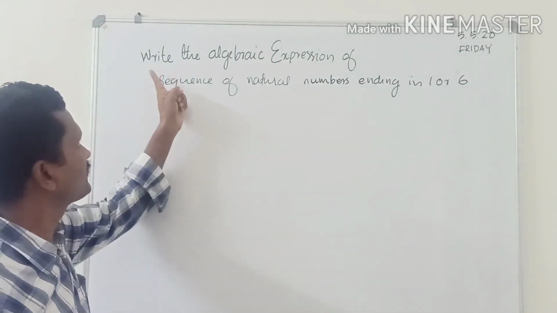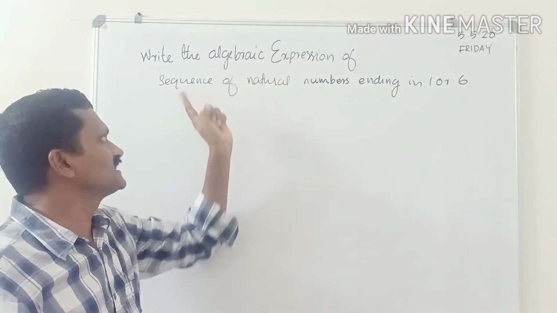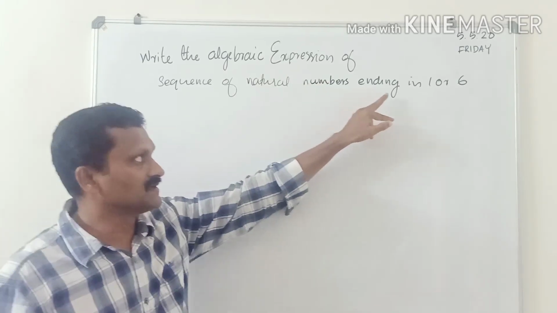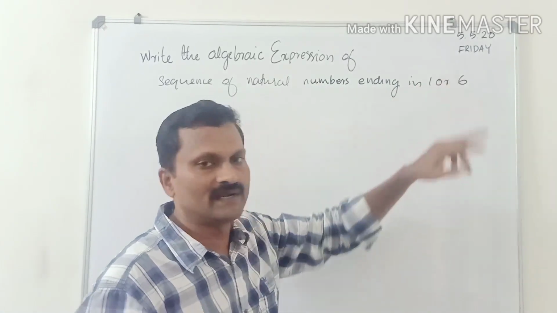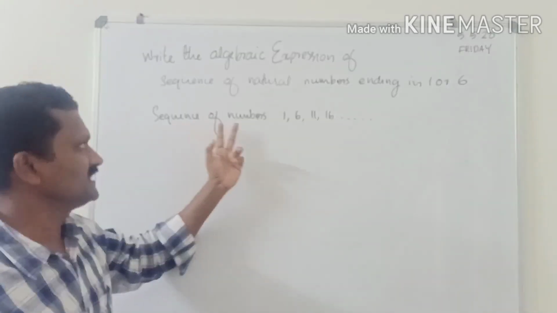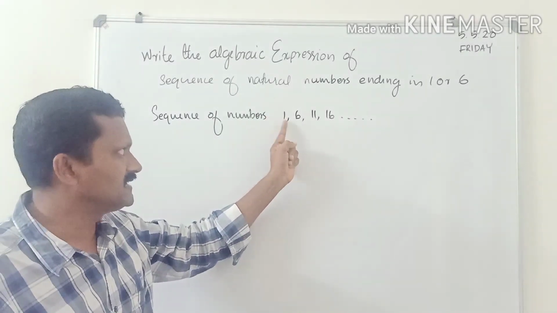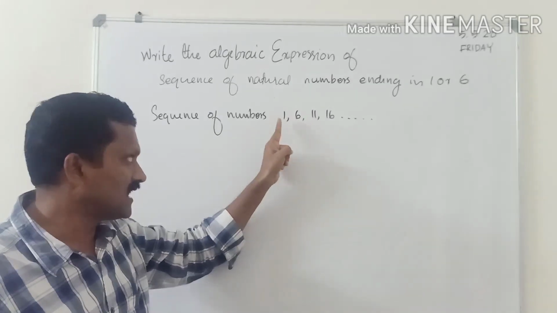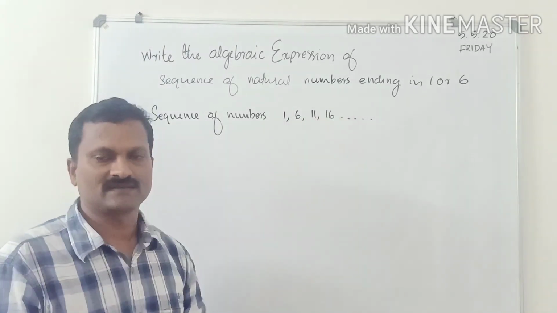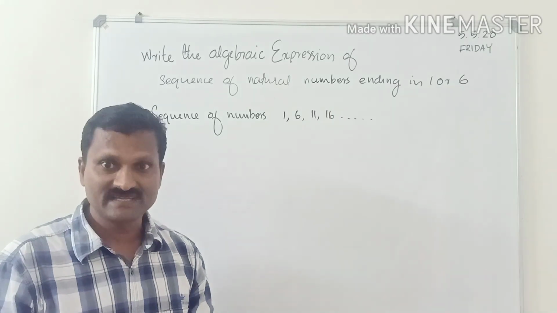Next question. Write the algebraic expression of the sequence of natural numbers ending in 1 or 6. We know that the sequence of numbers ending in 1 or 6 is 1, 6, 11, 16, etc. What is the question?